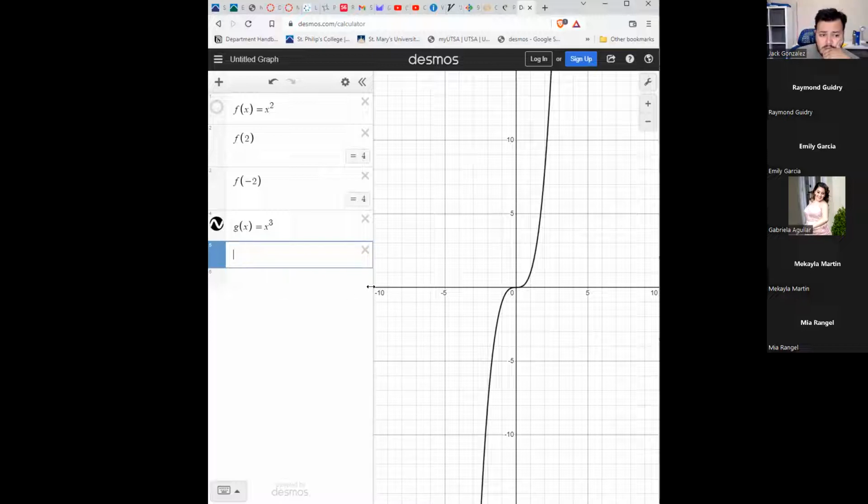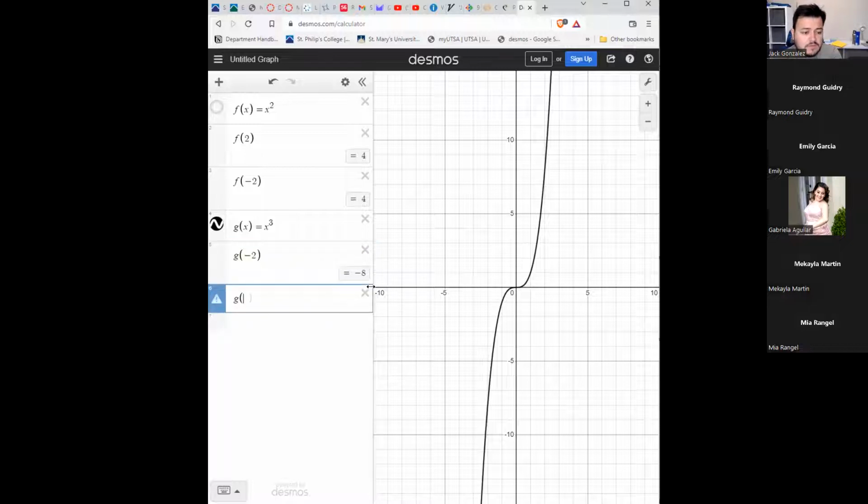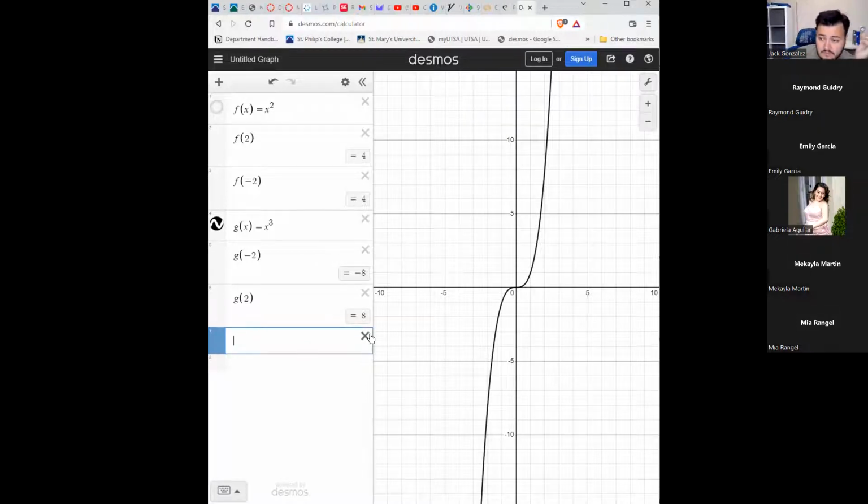Now, if you plug in, let's say, negative 2 versus 2, they're going to be the opposite sign. That's what this is saying. It says you multiply the result by a negative. So you can plug in the positive version and then just swap it by putting in a negative. Does that make sense? What odd means?